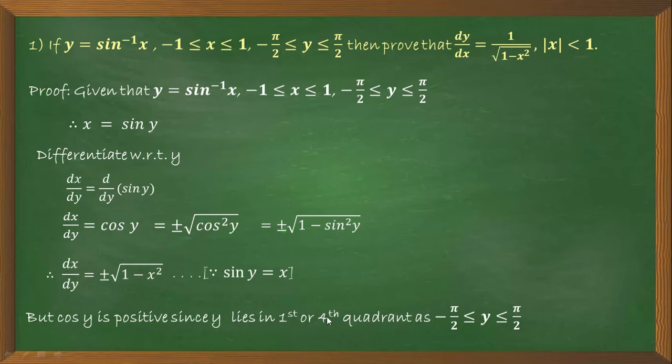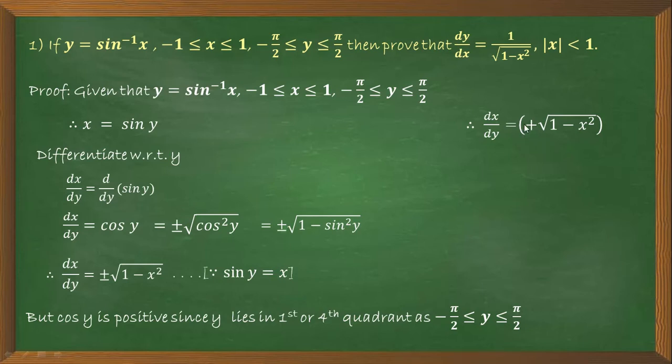So in the first or fourth quadrant, cos y is always positive. So this original derivative is always positive. Here we get plus or minus due to this adjustment, but further we have to take that plus or minus. In place of that we have to take it as plus only.